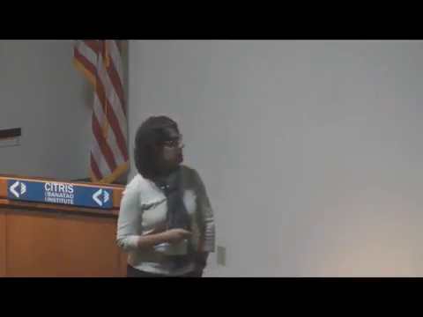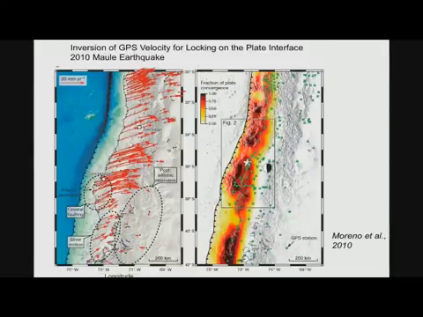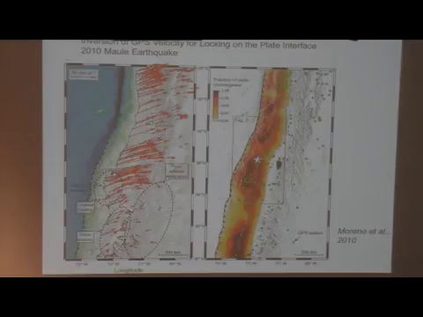And so I'm going to show you a couple of examples, because I think the answer is pretty much yes, and we're getting closer and better at understanding more. So here's one example. This is the 2010 Maule earthquake. These are surface displacements in the interseismic stage, in the convergence direction. Here's the trench.